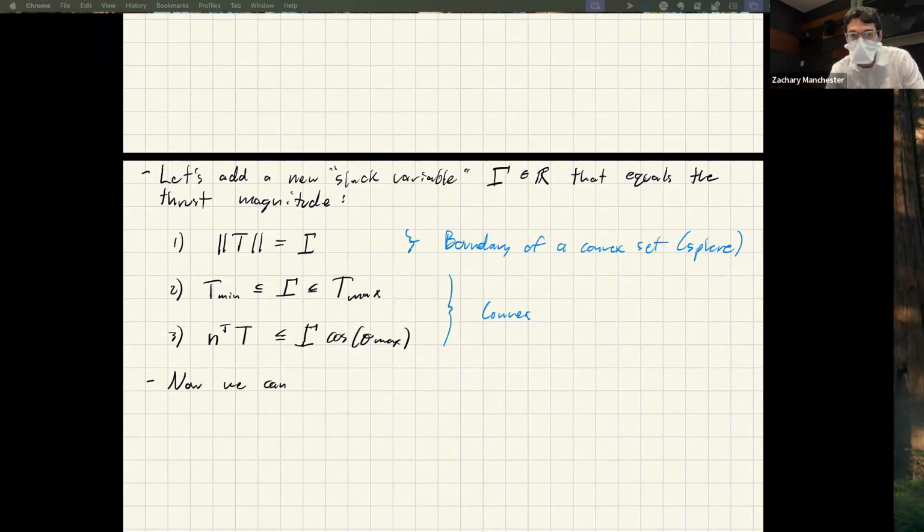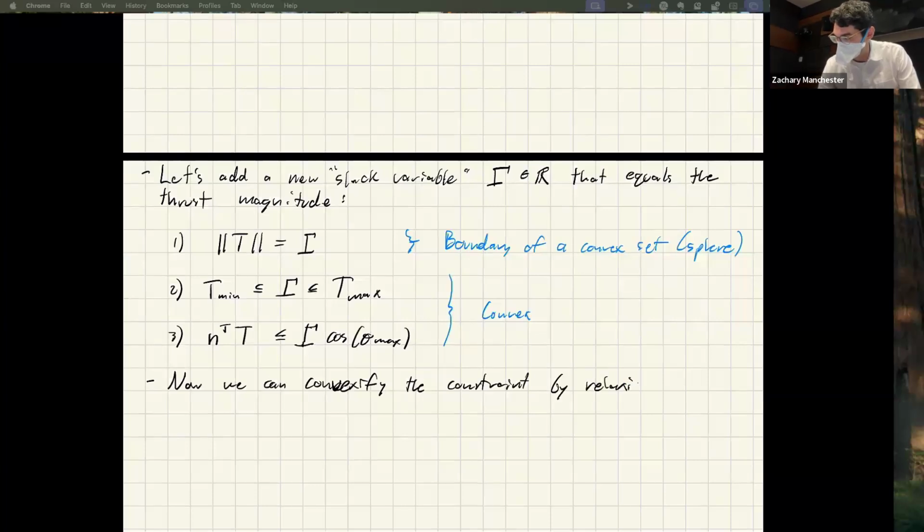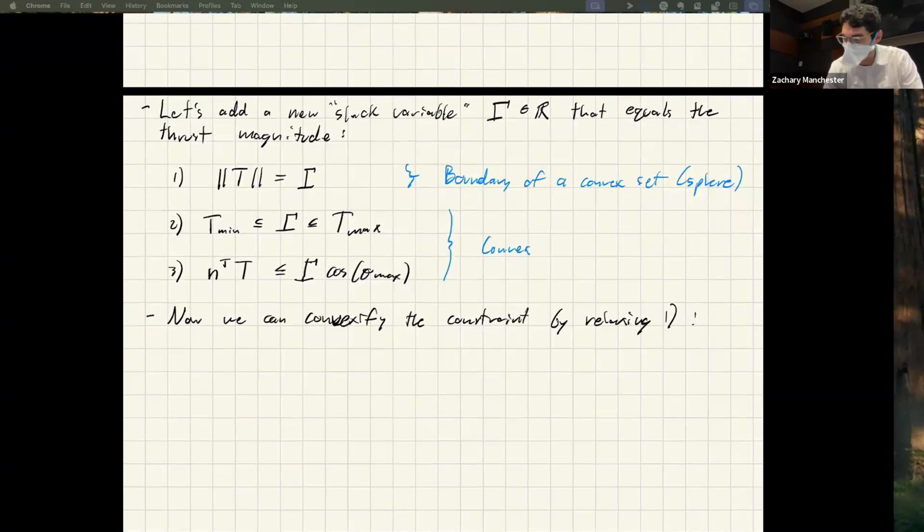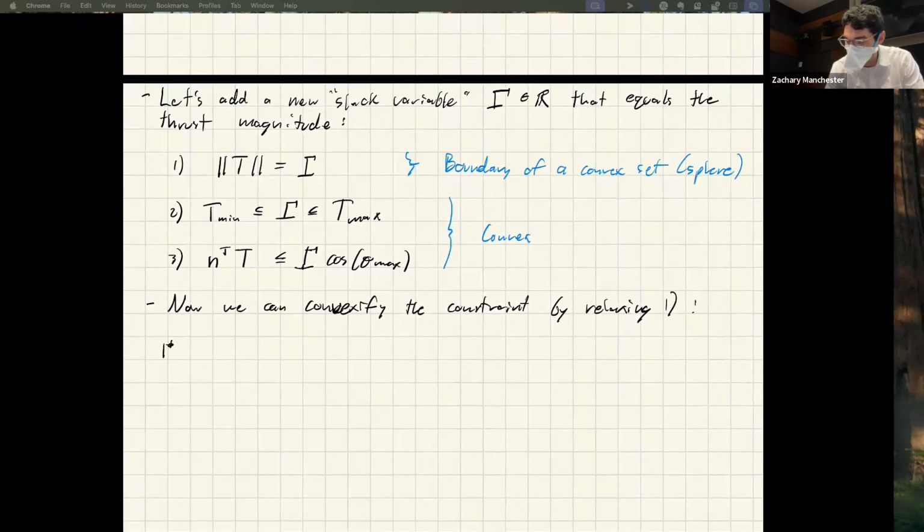So now we can convexify the problem by doing that relaxation trick. We're just going to relax one. So now we're going to call this 1 star.